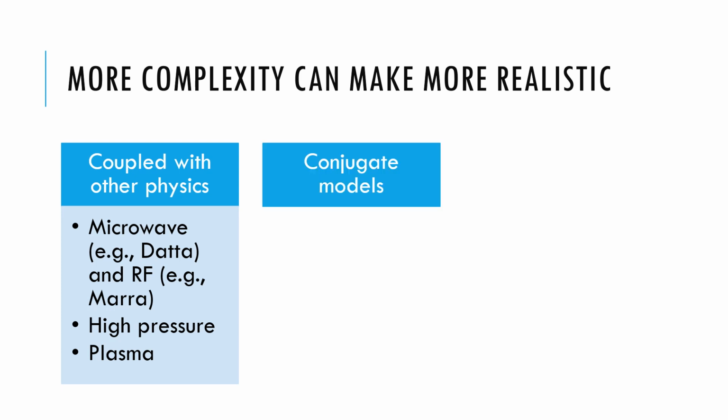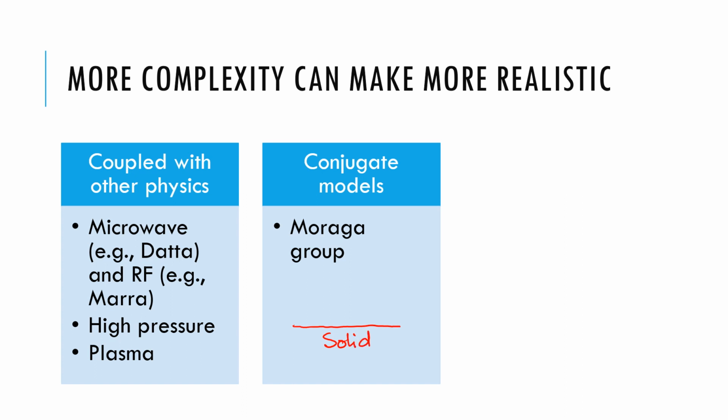Another way to make the models more realistic is to develop conjugate models, for example. Quite a bit of work has been done by the Moraga group in this area. So what's a conjugate model? In general, for example, if we have a solid and fluid flowing over the solid, what we normally do is use some sort of a heat transfer or mass transfer coefficient at the boundary.